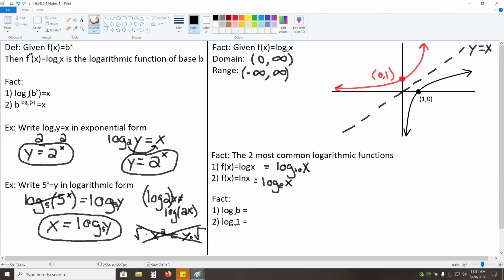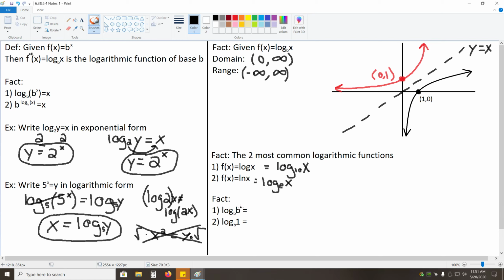And then from here we have a couple more facts that are very important. The first one is log base b of b. Take a moment, maybe pause the video, try to think about what this should equal. Okay, so trying this together, if this were log base b of b to the x, then we know the result would be x.